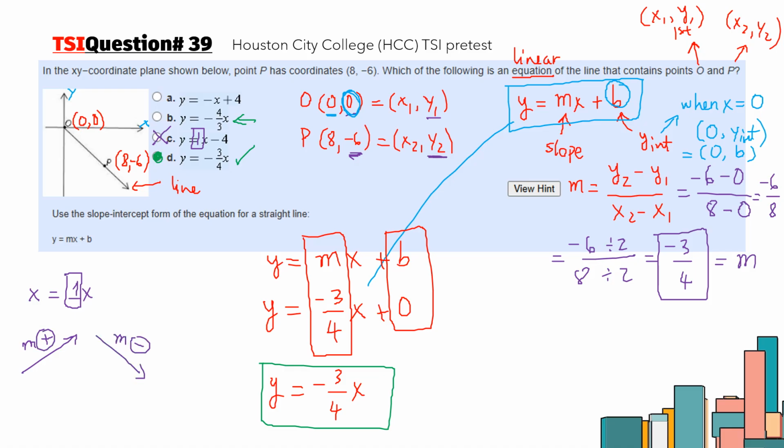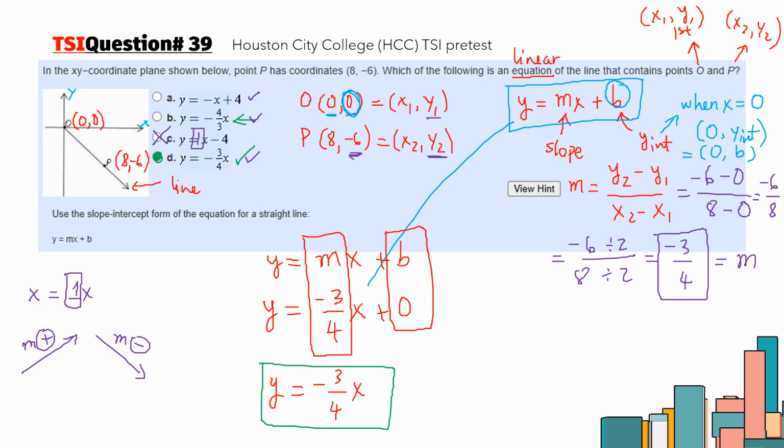In this case, from left to right it goes down, so the slope is negative. A has a negative slope, so you consider it. B has a negative slope, you consider it. D too. For C, it's positive 1, which is not good, because the graph has a negative slope. So we right away eliminate C.